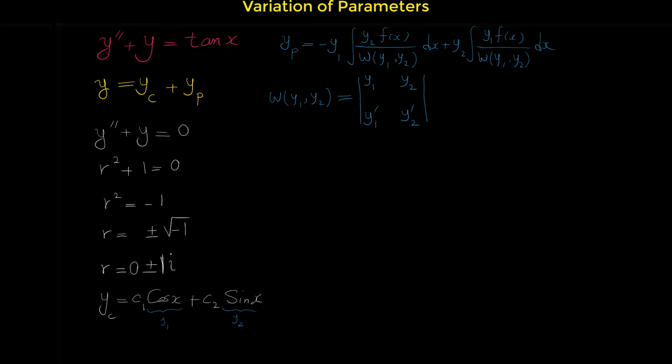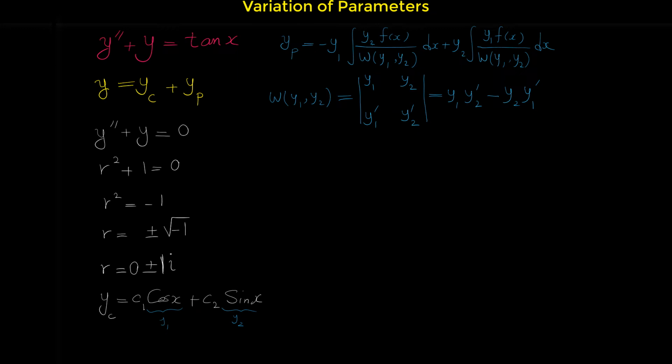Probably you know how to find a determinant like this, but if you don't, it's easy. Just multiply this by this. So this equals y1 times y2' minus, multiply this by this, so minus y2 times y1'. This is how we calculate a 2 by 2 determinant.